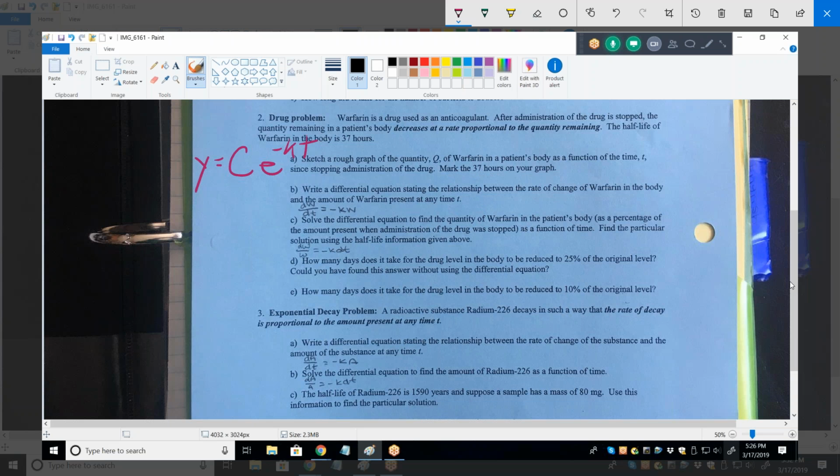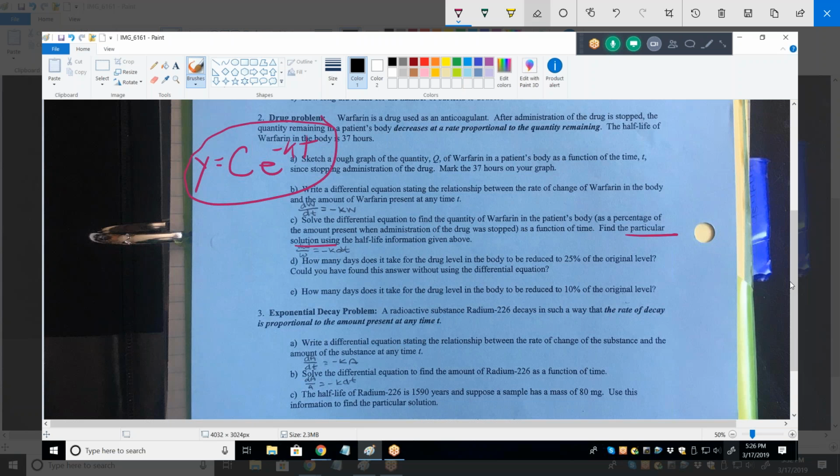So we've done this one. Write a differential equation stating the relationship. You've done that one. Solve that differential equation and you get this, solving it exactly the same way as we solved it before. Find the particular solution using the half-life information given.